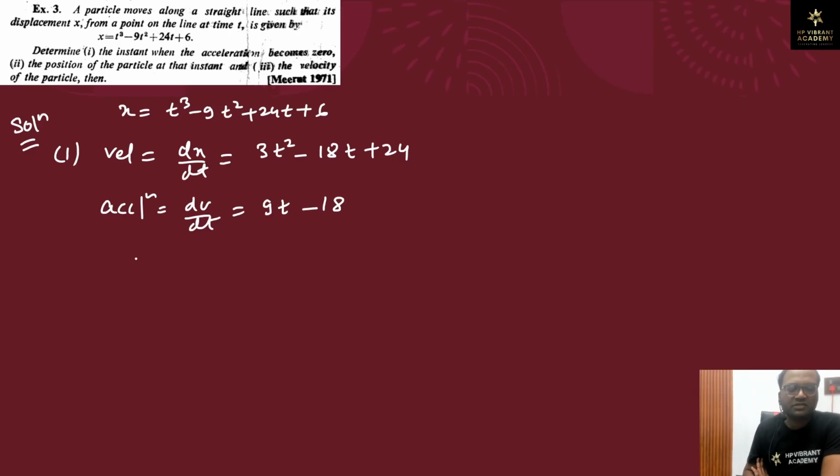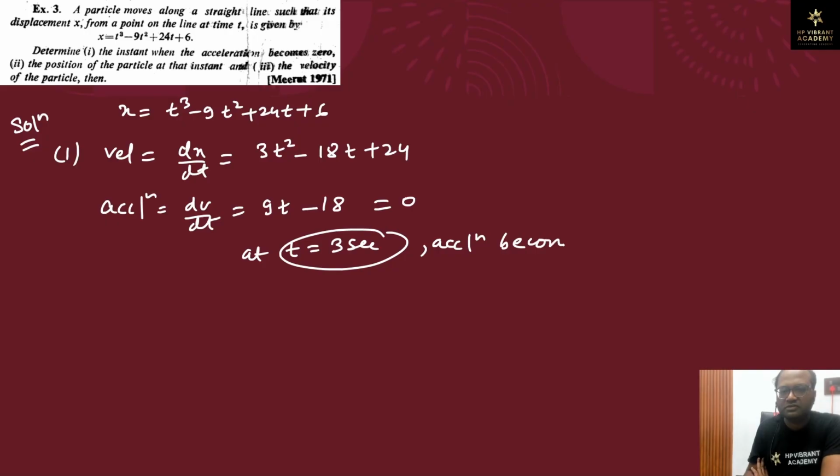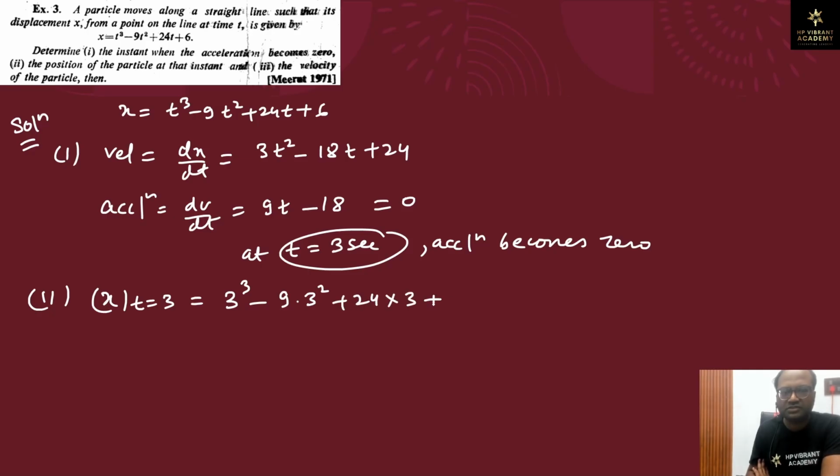So what is asked in the question? The instant when the acceleration becomes 0. So let us put this to 0. So we have t is equal to 3 seconds. So at t is equal to 3 seconds, acceleration becomes 0. Now the position of the particle at that instant. We have to find the x at t is equal to 3. So this is equal to 3 cube minus 9 into 3 square plus 24 into 3 plus 6.